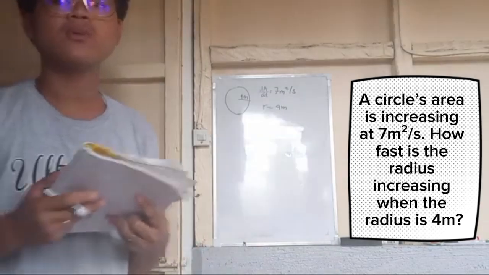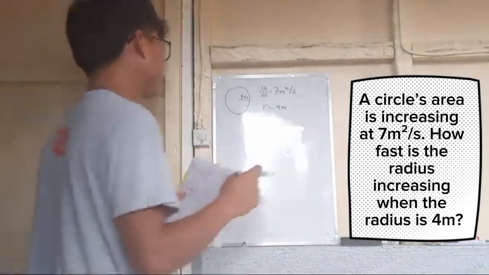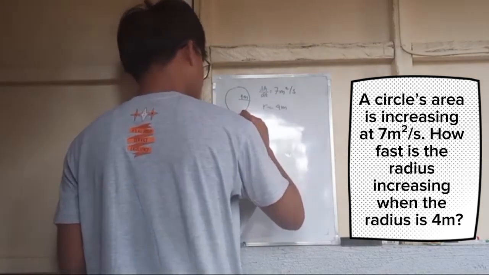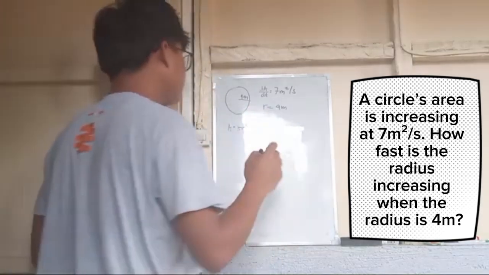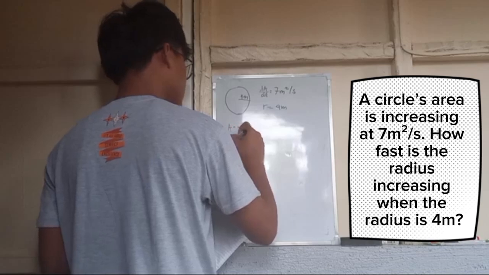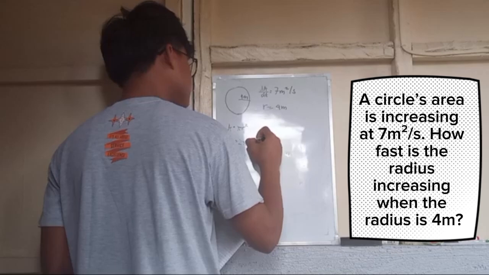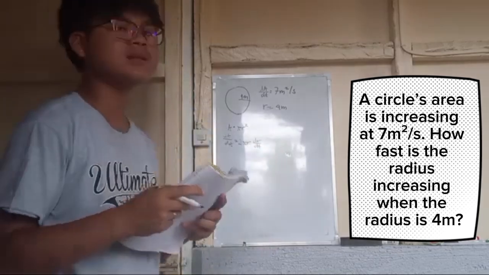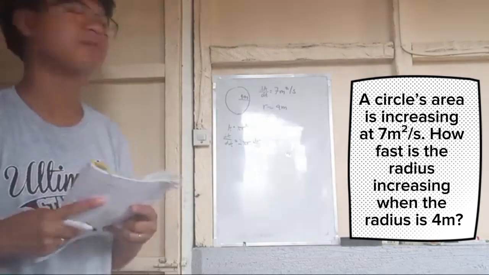So now, we know that in getting the area of circle, the formula is equal to pi r squared. So, differentiating the formula, we can get the dA over dt is equal to 2 pi r times dr over dt.